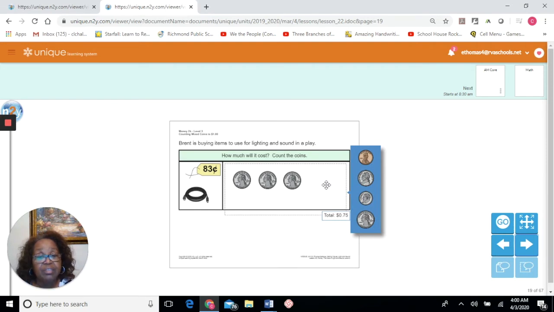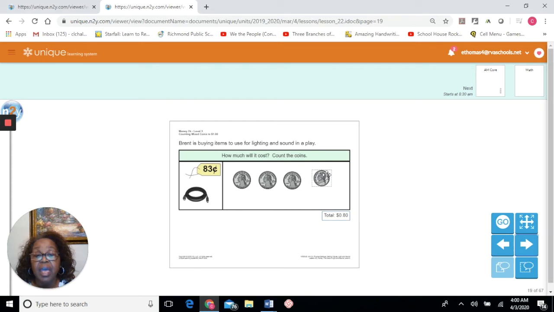That would be 85 cents. Let's do a nickel. 75, 80. Excellent. Now we can count on using a penny. A penny is 1 cent. The value is 1 cent. 80, 81, 82, 83. Excellent. We did it.